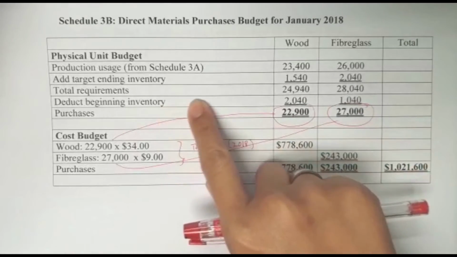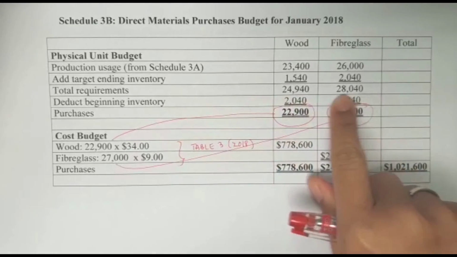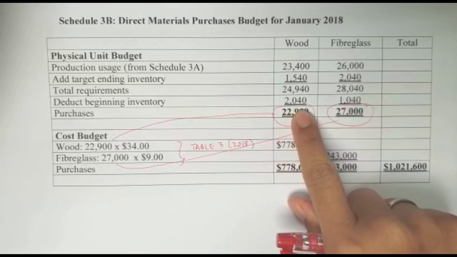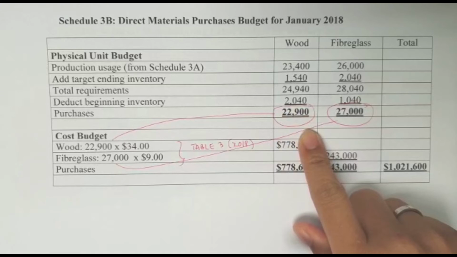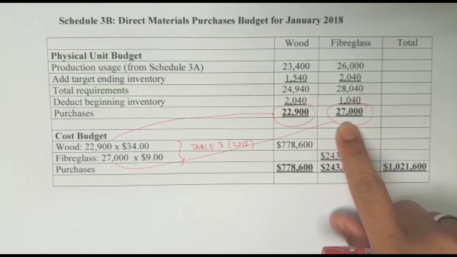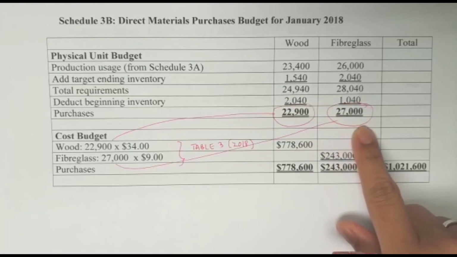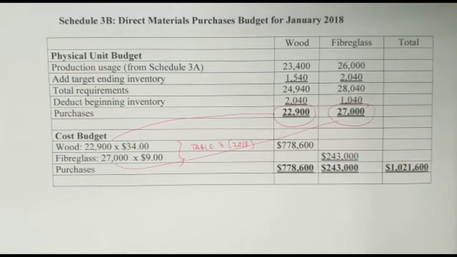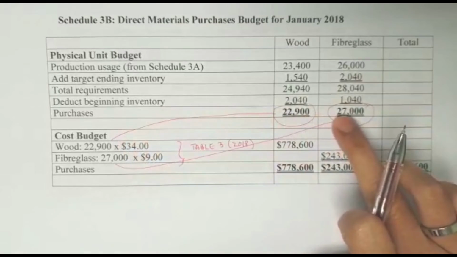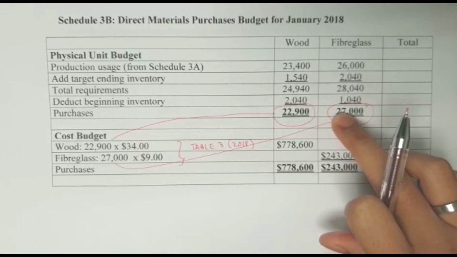And this is the balance of the total requirement, and we deduct the beginning inventory of 2040 and 1040, and you can see that the purchases that the company has to make is 22,900 and 27,000.